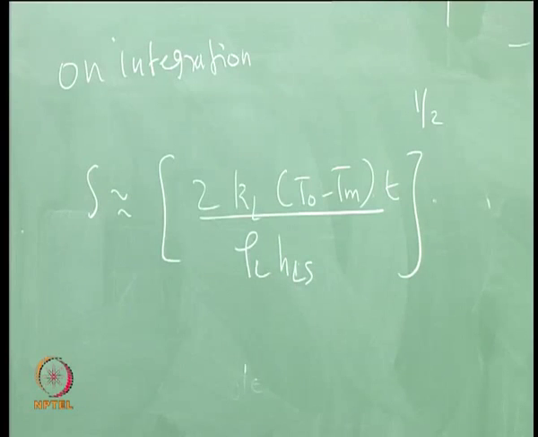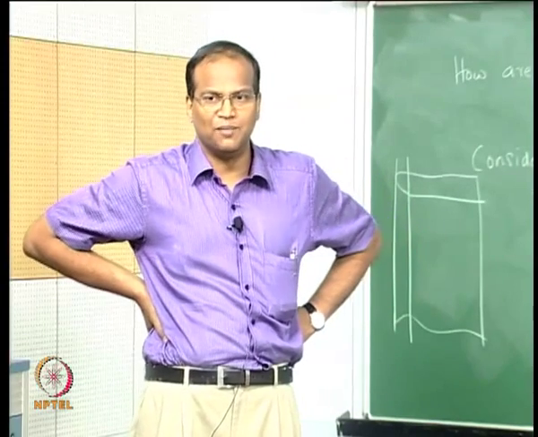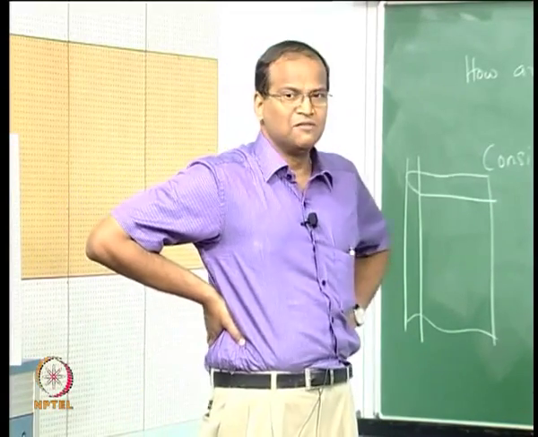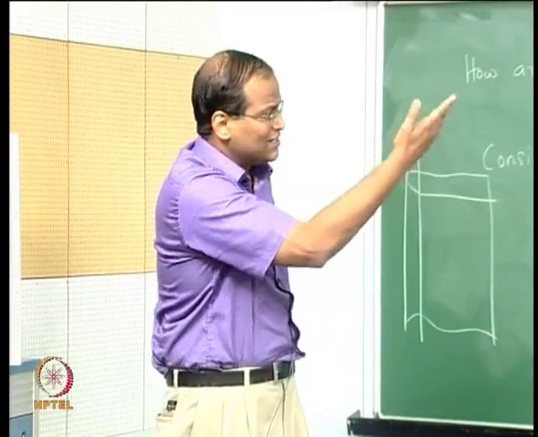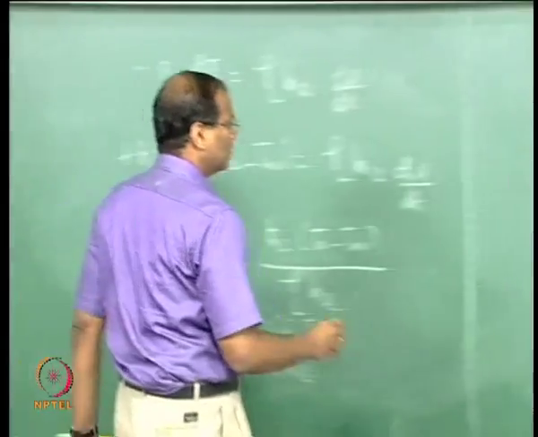Now KL, rho L, HL are all properties of the medium, and T naught minus Tm is the initial temperature excess, the temperature excess with respect to the boundary. Therefore, S is indeed m root T.